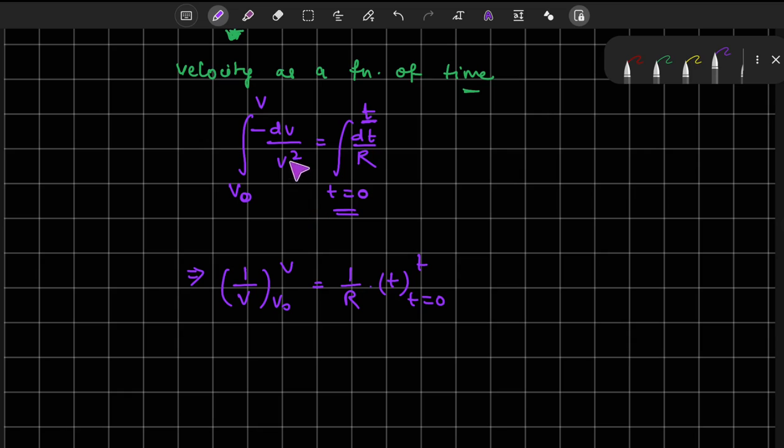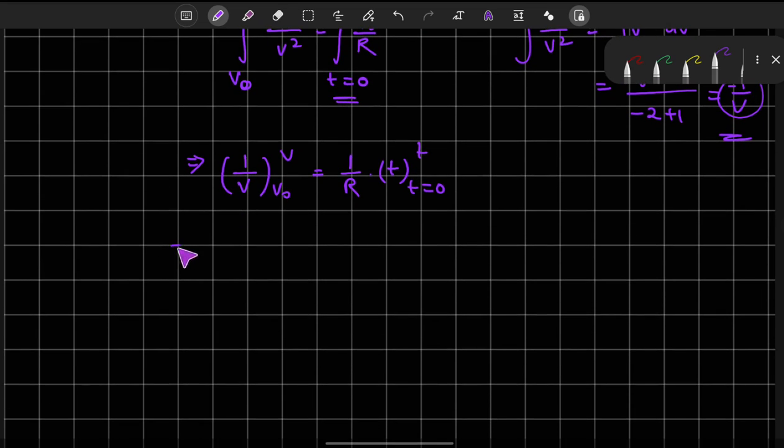Basically the integral of dv upon v square we can write as the integral of v to the power minus 2 dv. So we get v to the power minus 2 plus 1 divided by minus 2 plus 1, which gives minus 1 upon v. So from here we get 1 upon v minus 1 upon v0 is equal to t upon r.